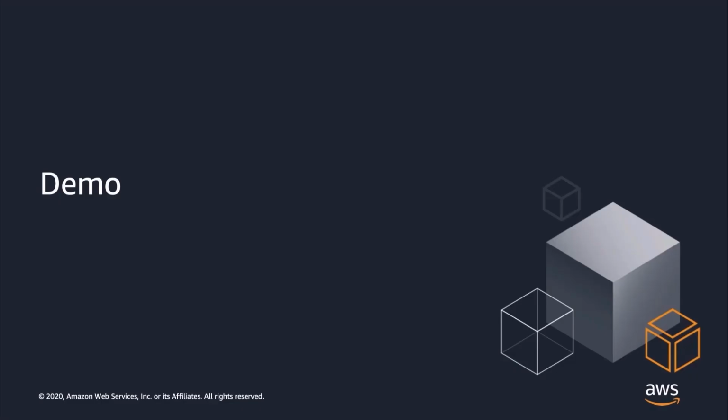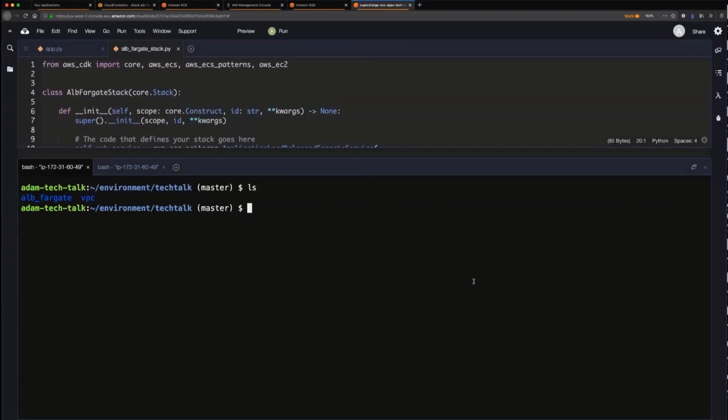So let's go into the demo and now build a queue Fargate service. Let's do it. All right, so now we have our directories here. You can see we have our Fargate ALB service that we deployed. So let's go ahead and initialize a CDK app for our queue service.